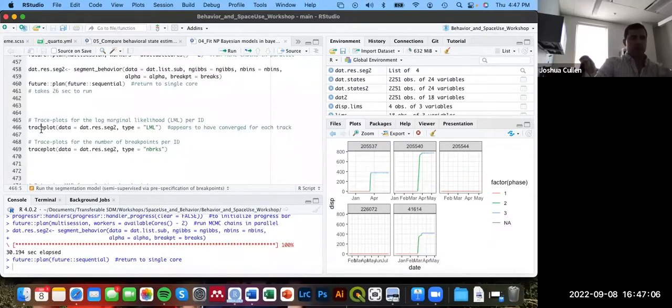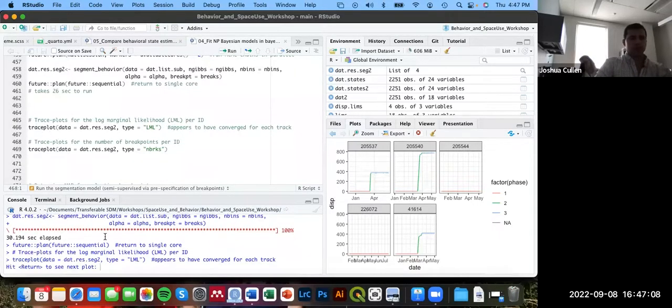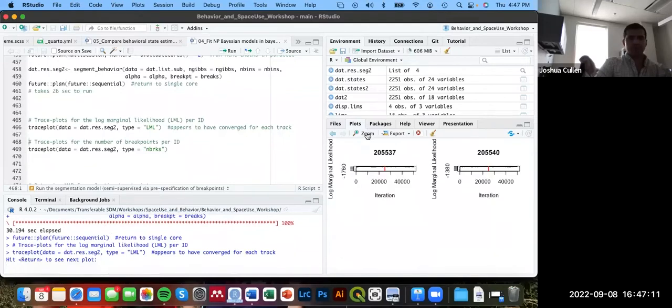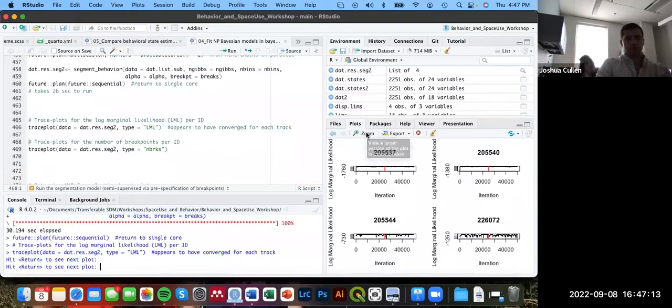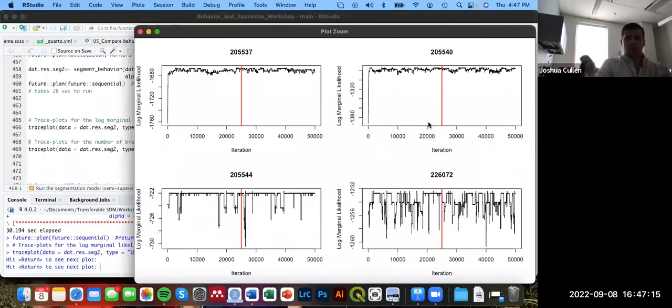Let's check out the trace plots for each individual. Okay, so these top two look like they probably converged. When we look at these bottom two at first glance, they're all over the place. But again, make sure you check the y-axis. For the one on the bottom left, this is a range of 8. So that's essentially nothing.